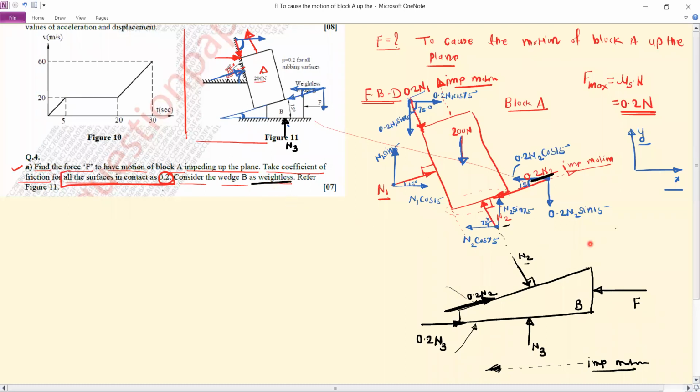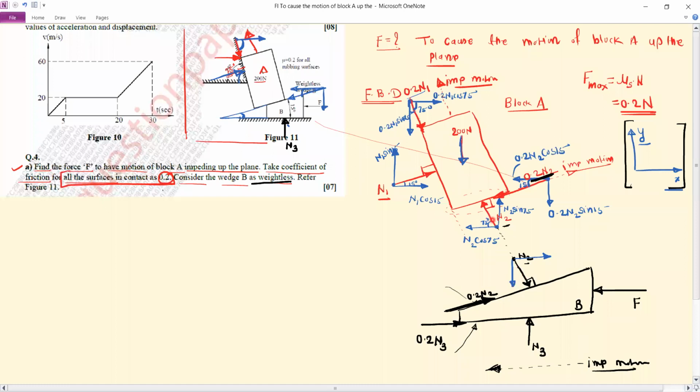Now we have to resolve the forces by taking this reference. So first we will resolve the N2. For the N2, draw one line parallel to the x-axis and this is parallel to the y-axis.